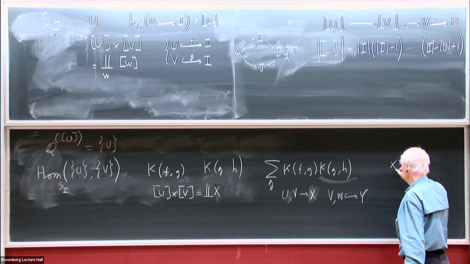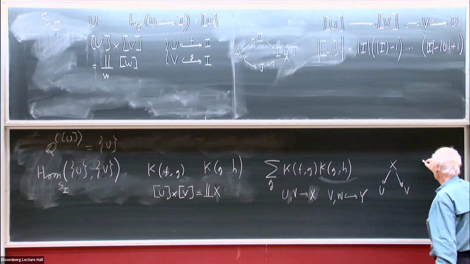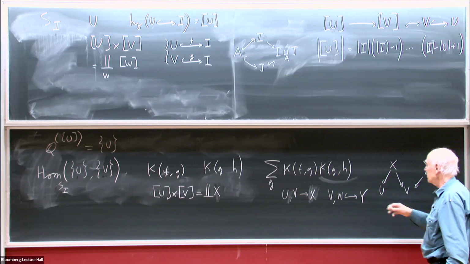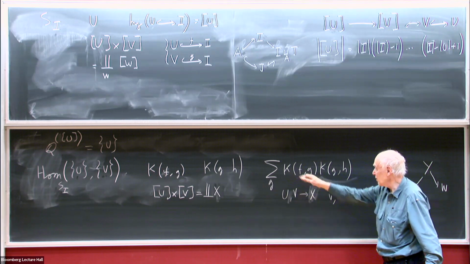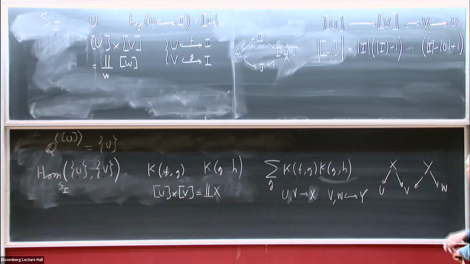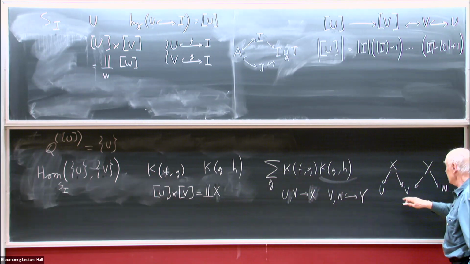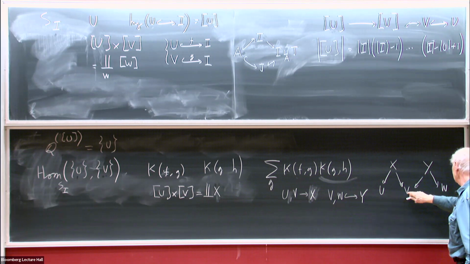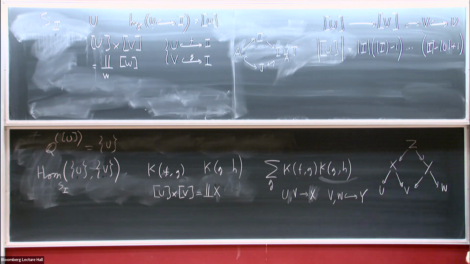So I have this X mapping to U and mapping to V, and this Y mapping to V and mapping to W. I take as basis element the characteristic function corresponding to one of those orbits of the symmetric group acting on U times V. I care about triples F, G, H, where (F, G) is in X and (G, H) is in Y, so it means I want to look at the fiber product of those two.